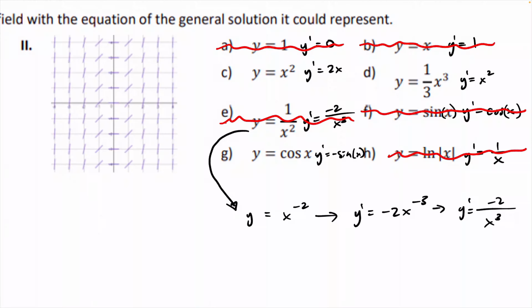Okay, let's keep going. What else do we notice? Everywhere that x equals +1 or -1, the slope looks like about 1. It's positive, definitely positive though.